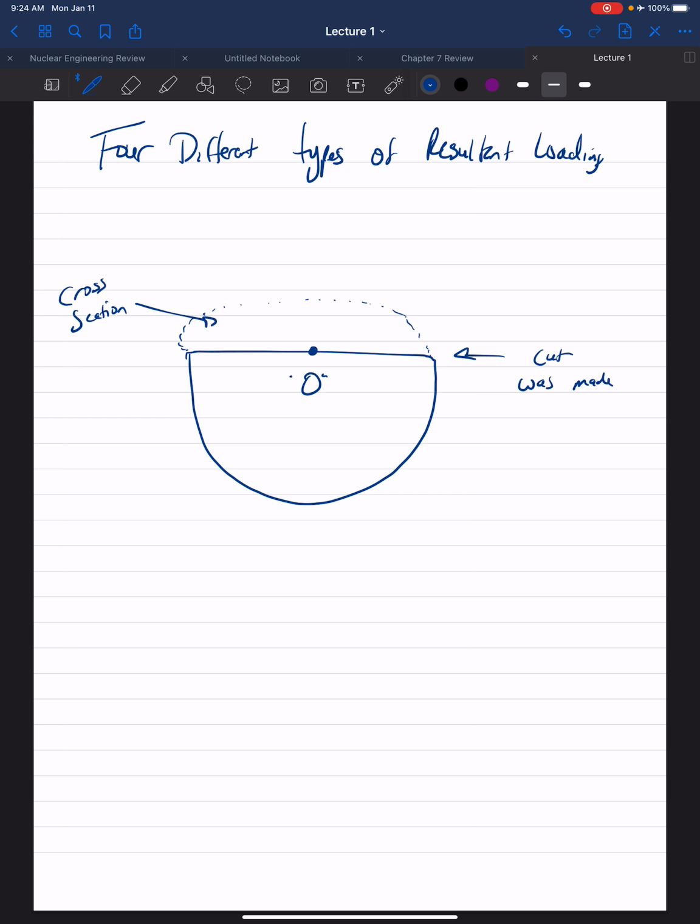We have a shear force, we have a normal force, we have a bending moment, and we'll define all these terms in a few seconds. And we have a torque or torsional moment.